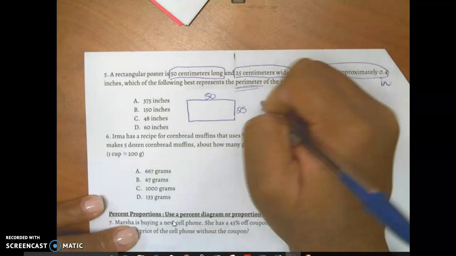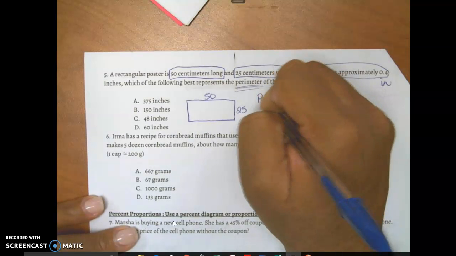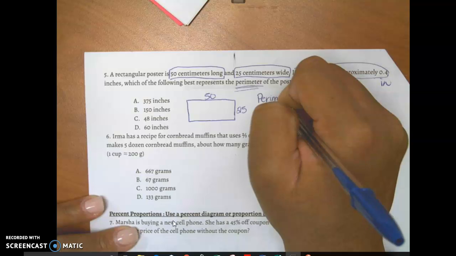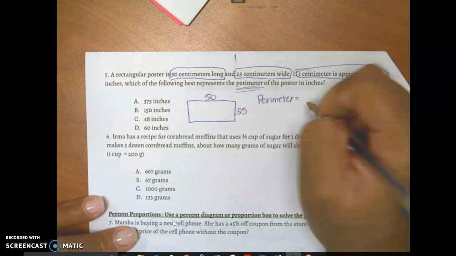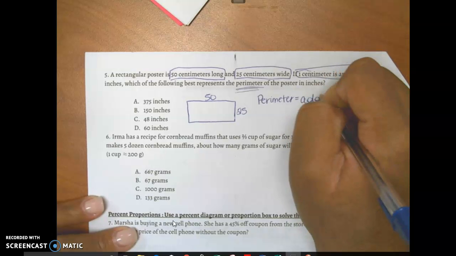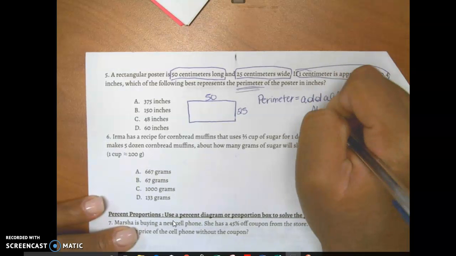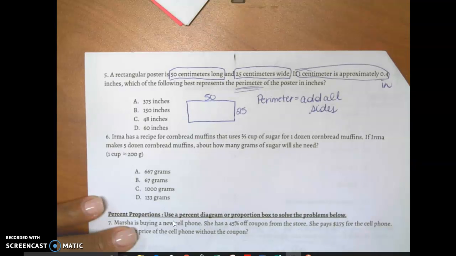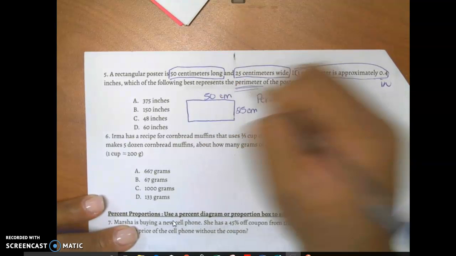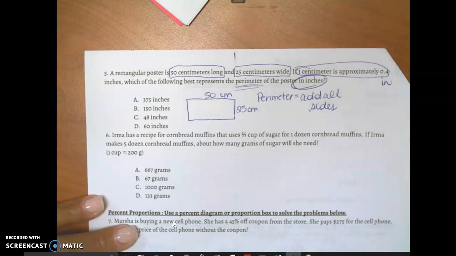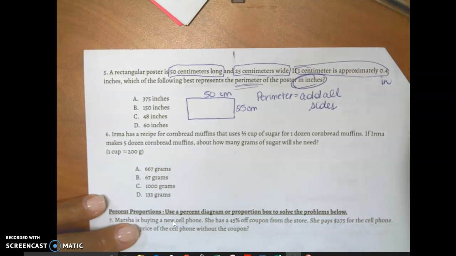How do we find perimeter? Add all the sides. Then I'll get an answer in centimeters. But what do I want my answer to be? In inches. So what will I need to make after that?